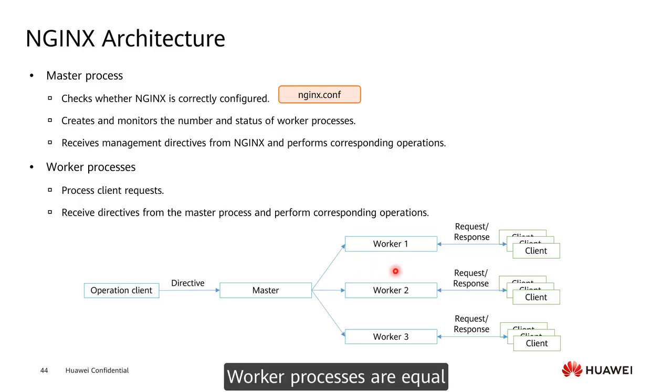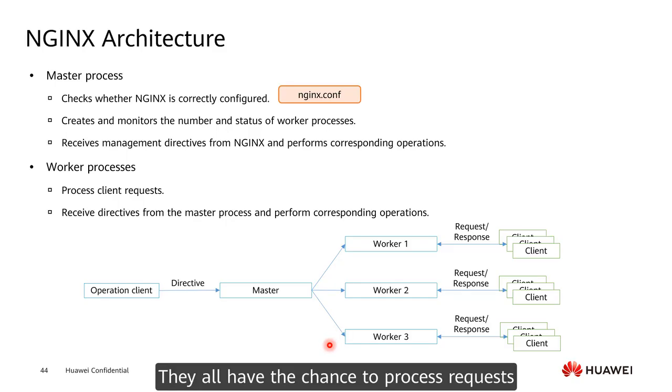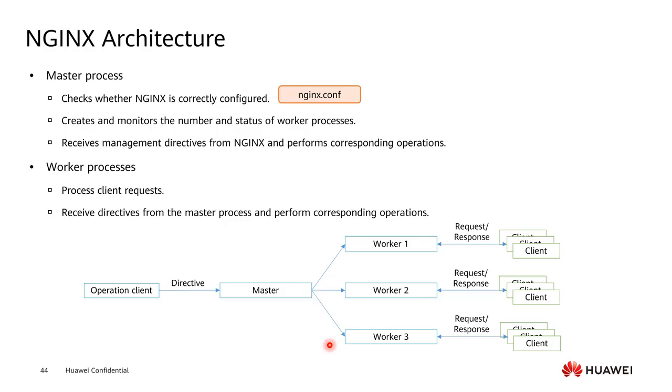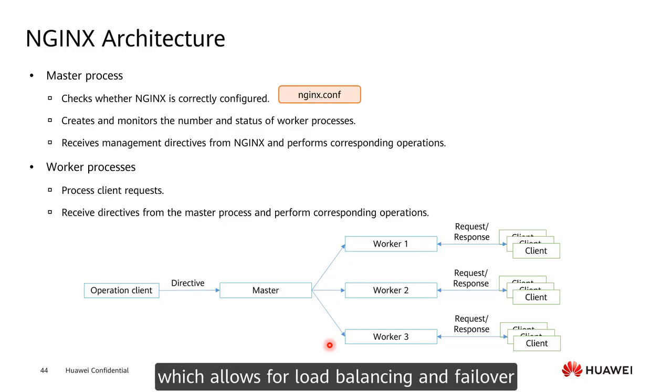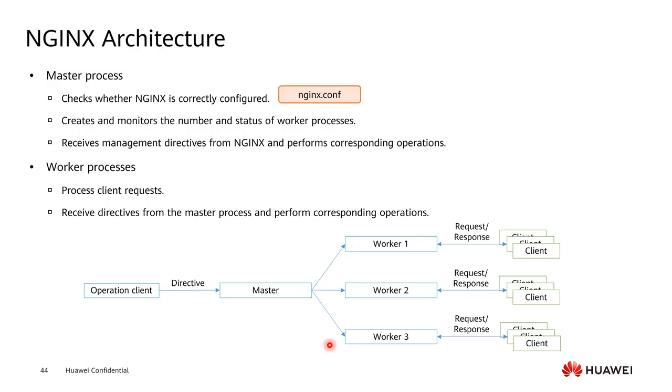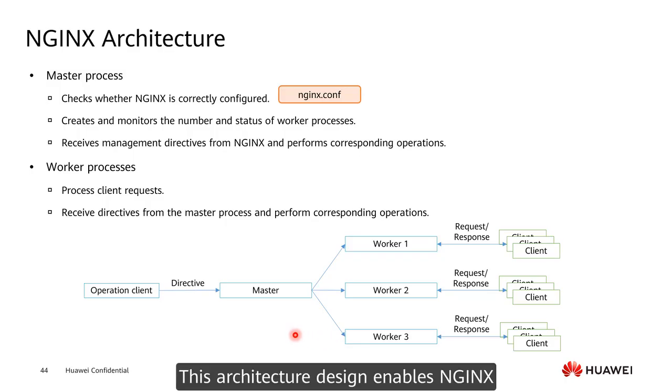Worker processes are equal, and there is no special worker process. They all have the chance to process requests, which allows for load balancing and failover. This architecture design enables Nginx to process a large number of concurrent requests while maintaining low resource consumption.